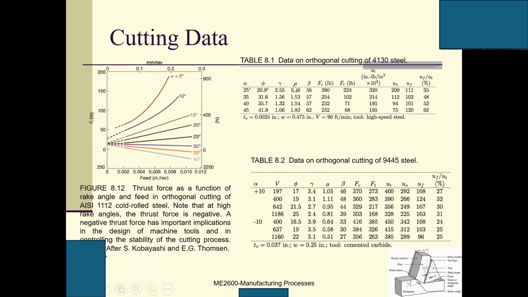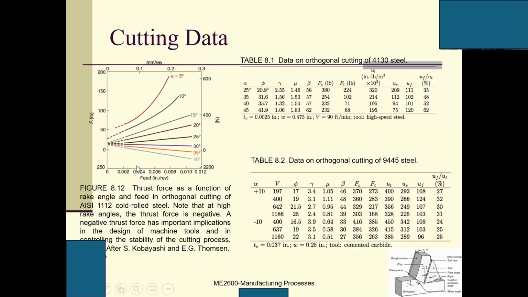So this is beta, mu, this is Us, the specific energy for shear, and Uf is the specific energy for friction. So this is a percentage.